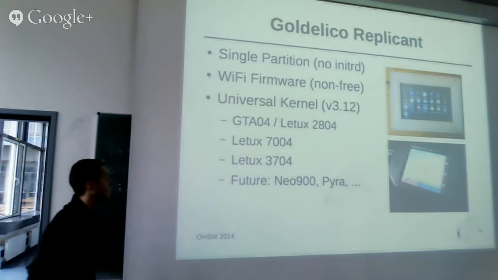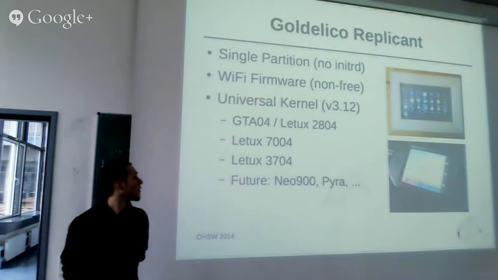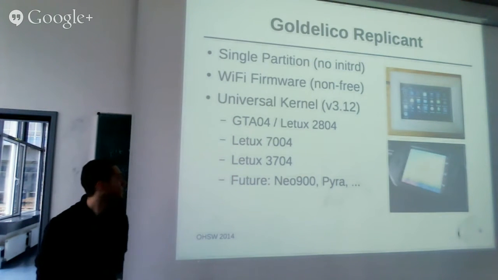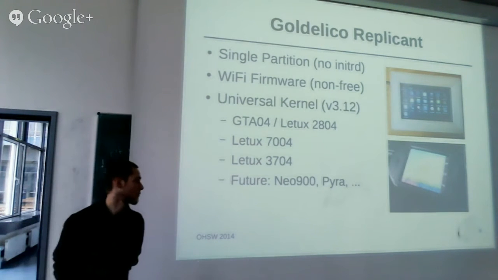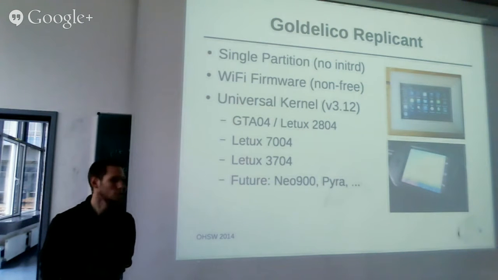Another thing which we currently do differently is that the only non-free blob which is included in the Goldelico version of Replicant is the non-free Wi-Fi firmware, because right now at least we want to make it usable out of the box.